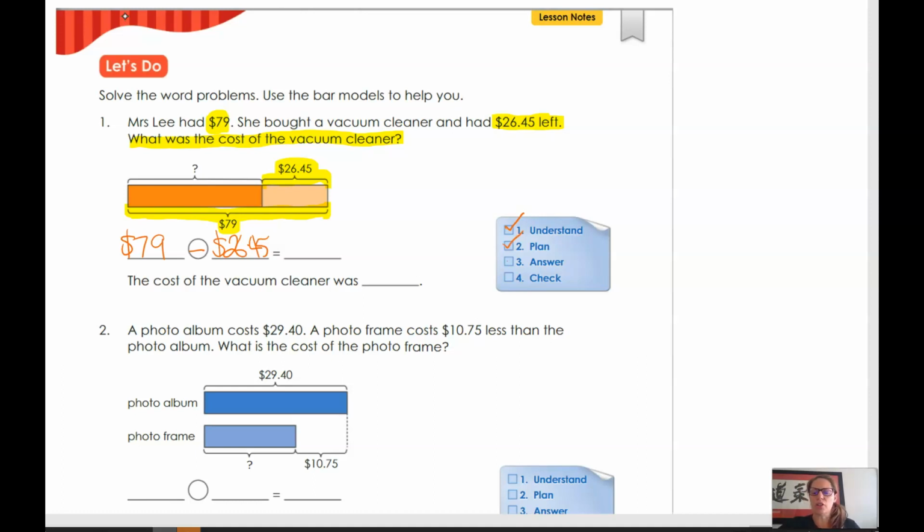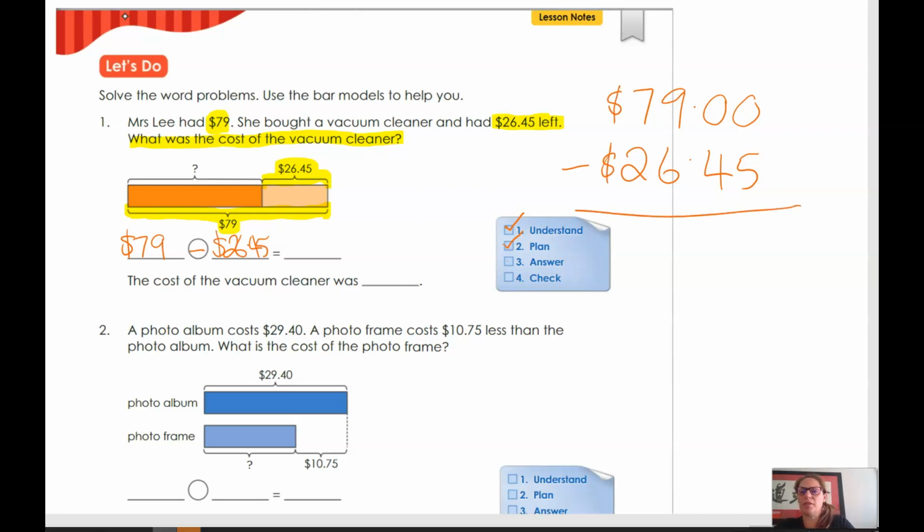So I want to do the place value subtraction. So $79, and we're going to minus $26.45. The dollar signs are not important at this stage, but it doesn't hurt to put them in. Remember, make sure everything is aligned. So we can't do zero amounts, so we're going to do some regrouping.